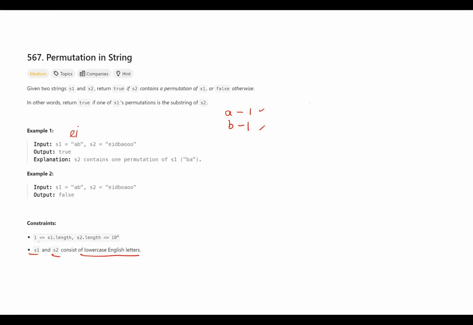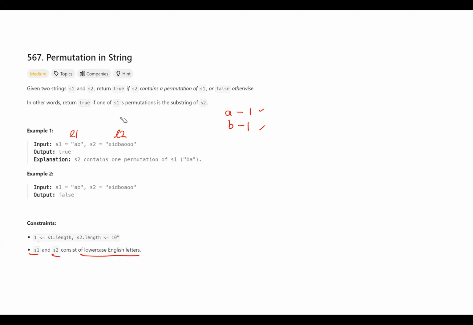If the length of this string is L1 and the length of this string is L2, every time we are just moving our sliding window of size L1, right? So we are taking a substring of size L1 and then checking, and again taking the substring of L1.